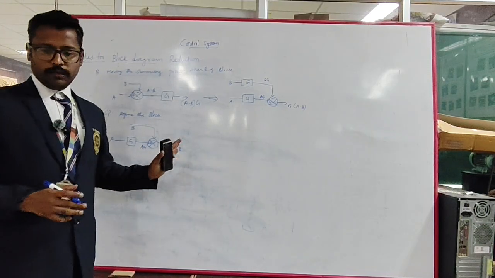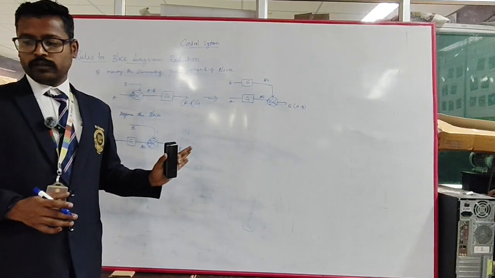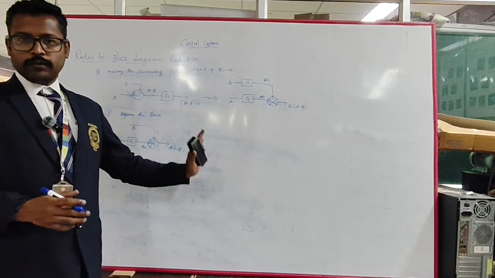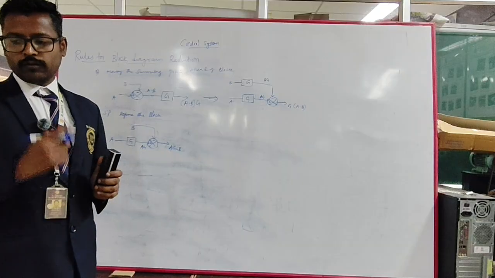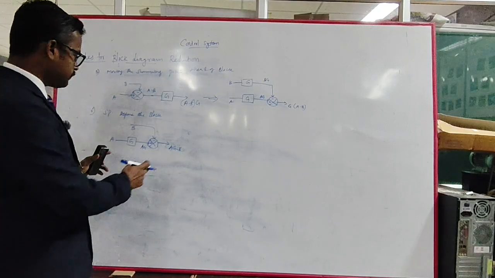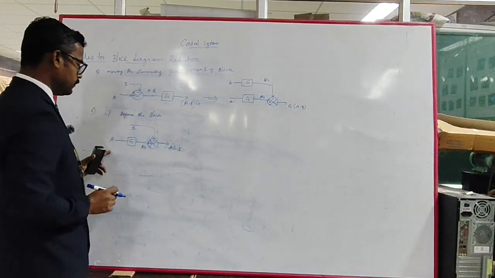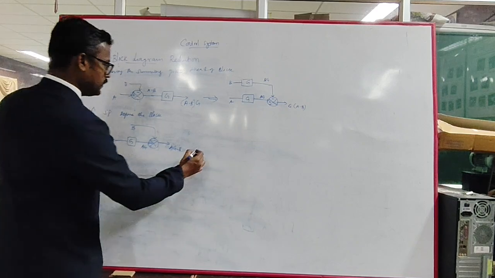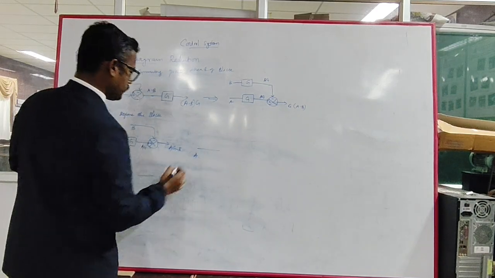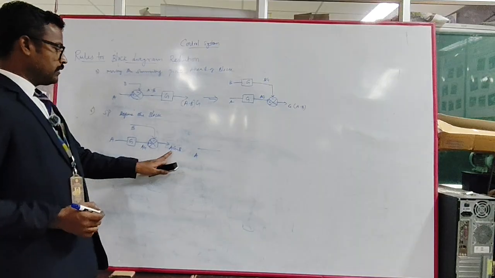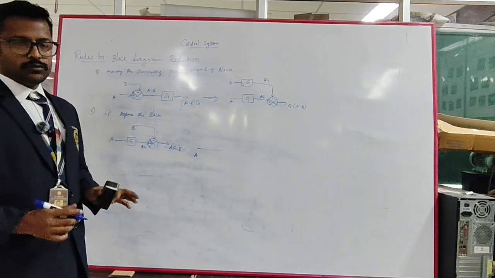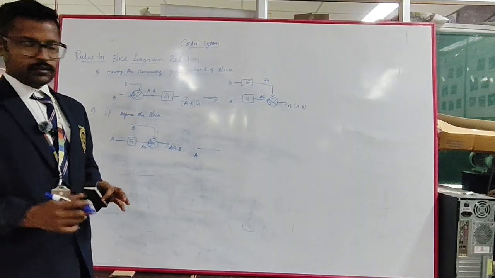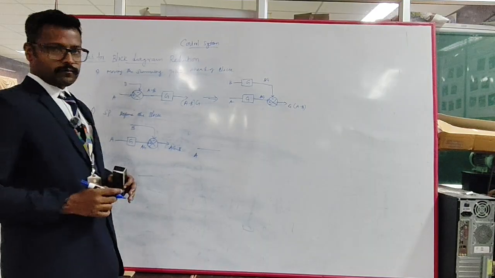Okay, AG minus B. So now we are moving the summing point before the block. So the resultant will be the same. I am having A, and AG minus B should be the resultant outcome.